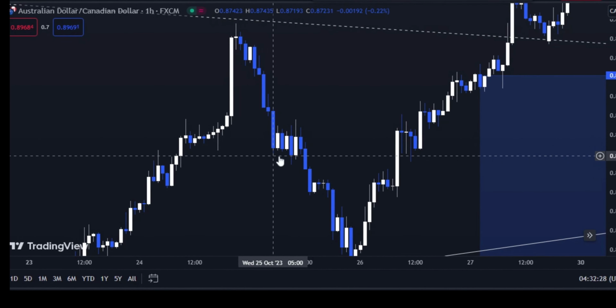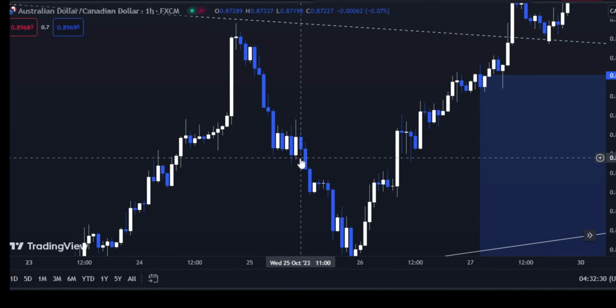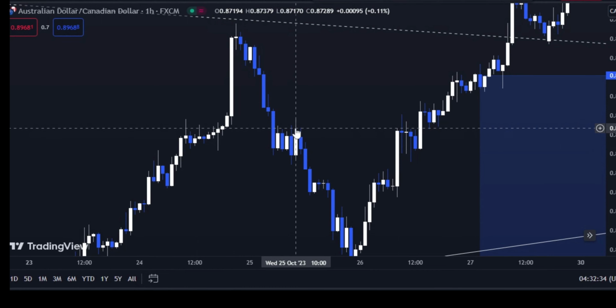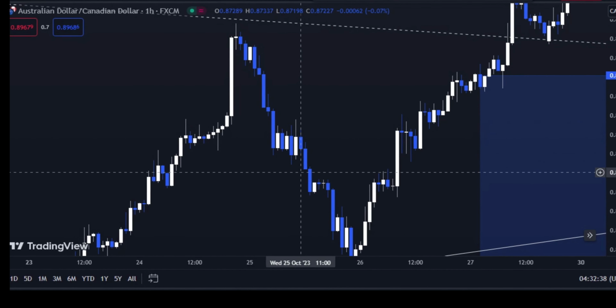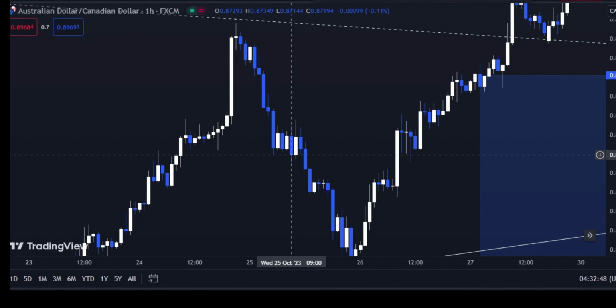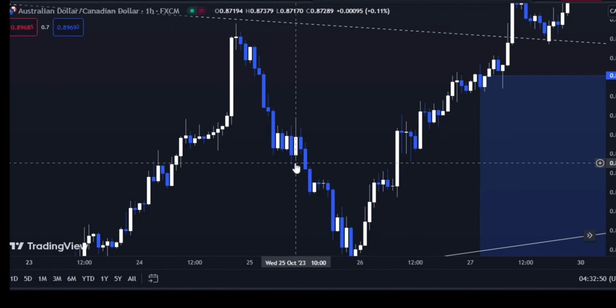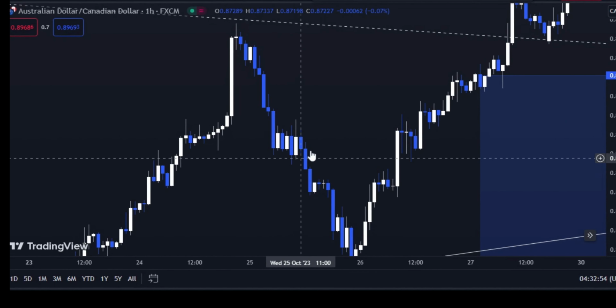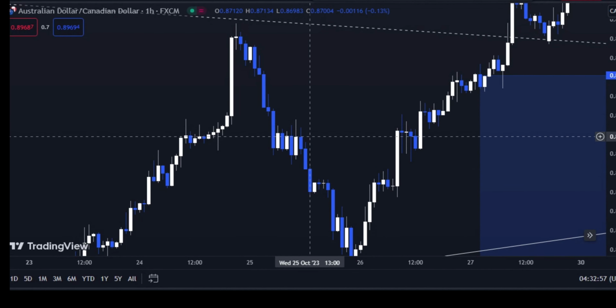After breaking the low of this candle, price pushed above the high of this candle. After price pushed above the high of this candle, price finally dropped down, taking the low of this candle. So in this case, this is our valid pullback. This is the high of our valid pullback here, because this is our lowest candle in this range.